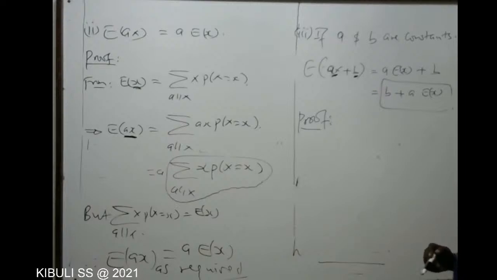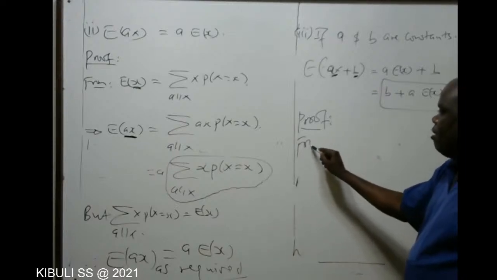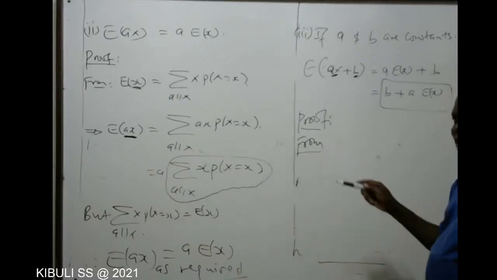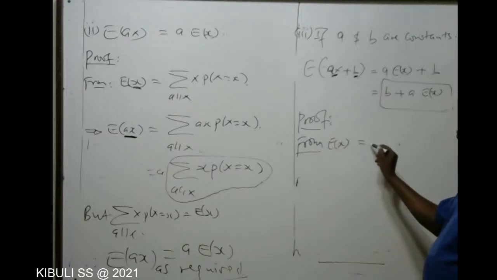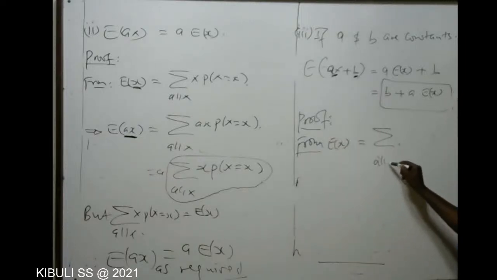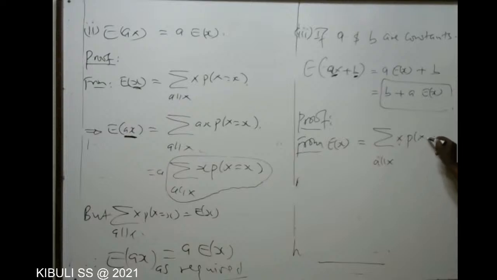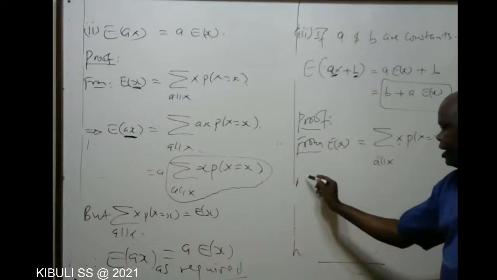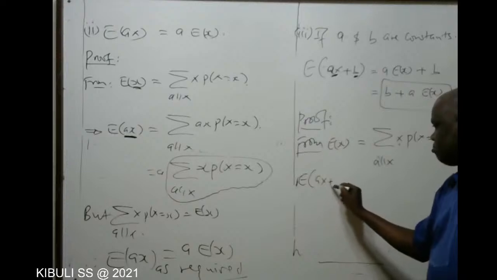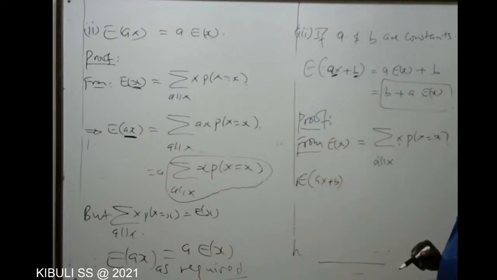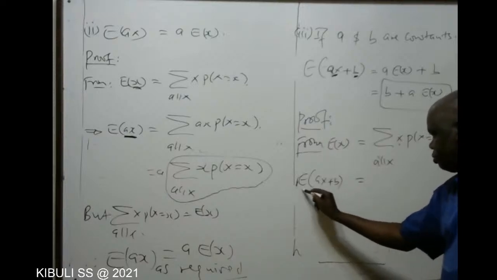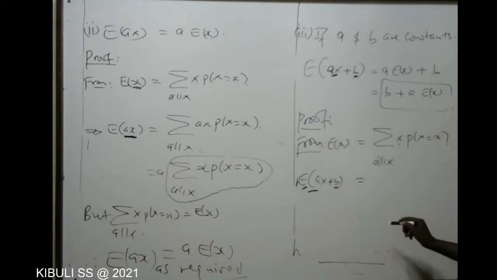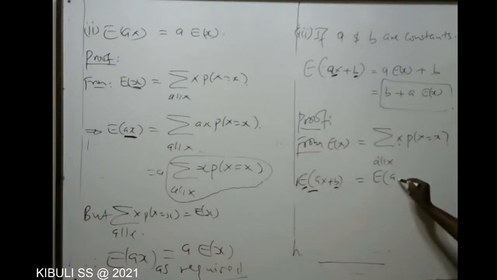For higher level students, you say, all the time from what? From the expectation of X being equal to the sum over all x of x times the probability that X equals x. Expectation of aX plus b, if a and b are constants, shall be equal to, when we take the expectation inside here, we shall be having E of aX plus E of b.